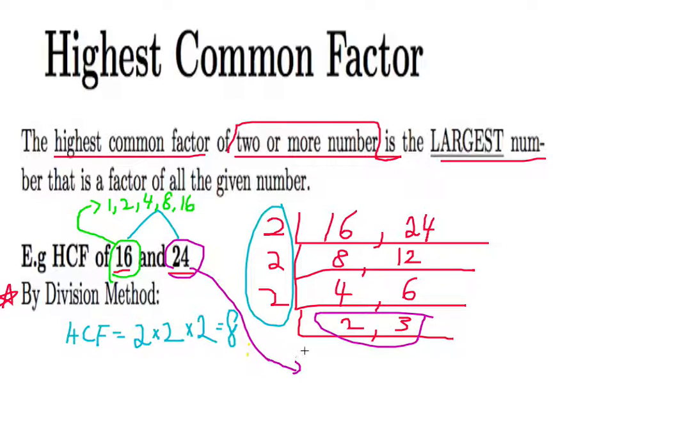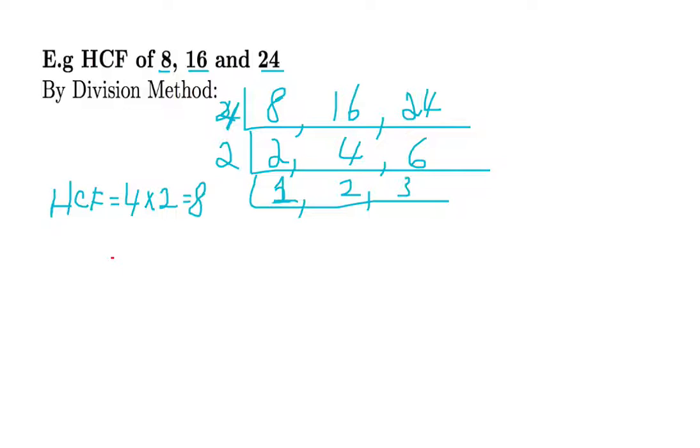So let's do it here. 1, 2, 3 is also a factor. 4, 6, 8, 12, and 24. So what's the highest one? The highest one that is common between them is 8, correct? So this is another method, but it's very tedious if you have a very big number where you have to find the highest common factor. So I wouldn't advise doing that.